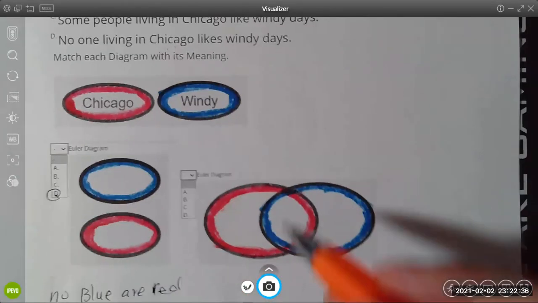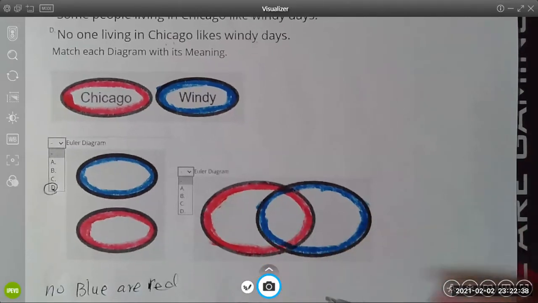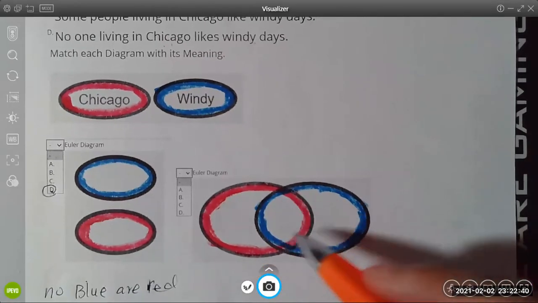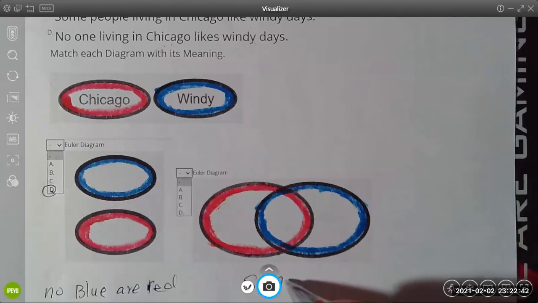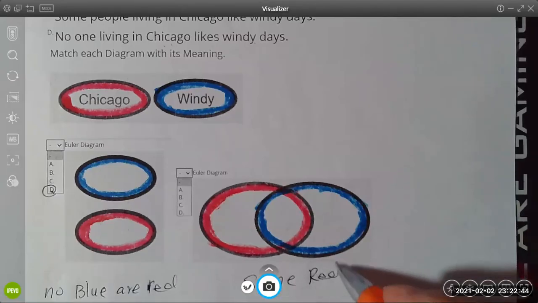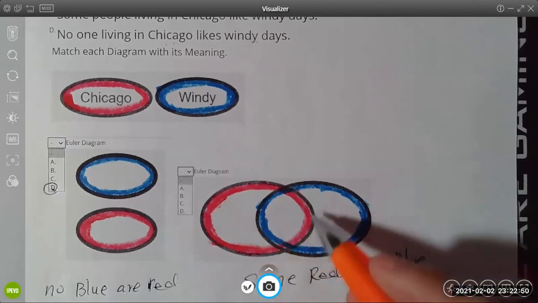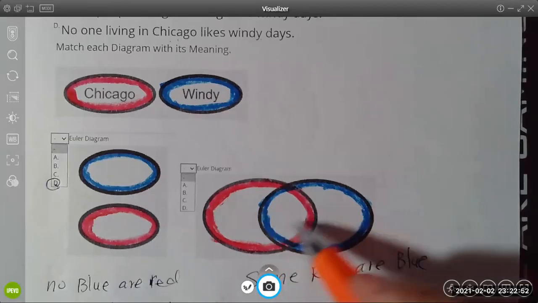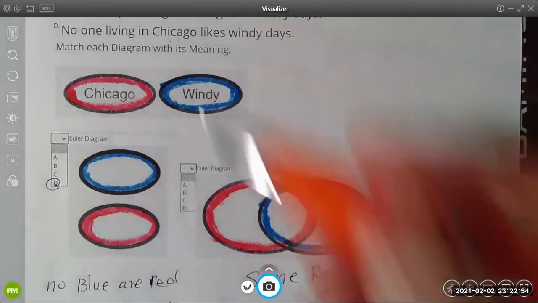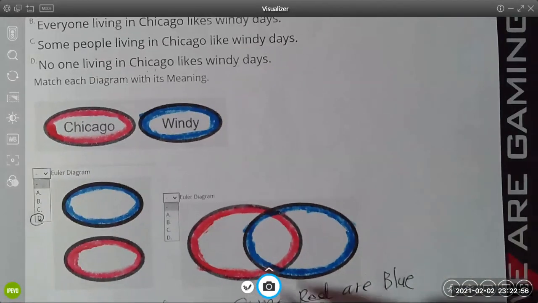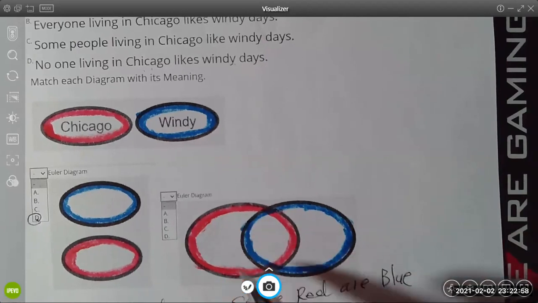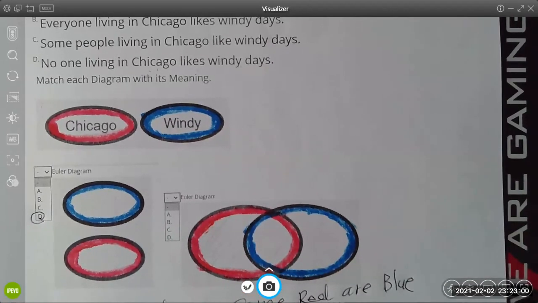The last one, apparently they overlap a little bit. If they talk about this part, it becomes some red are blue, depending on what options we have. We read the information from the diagram, then we match it to one of those statements. Or if they emphasize this part, it means some red are not blue.